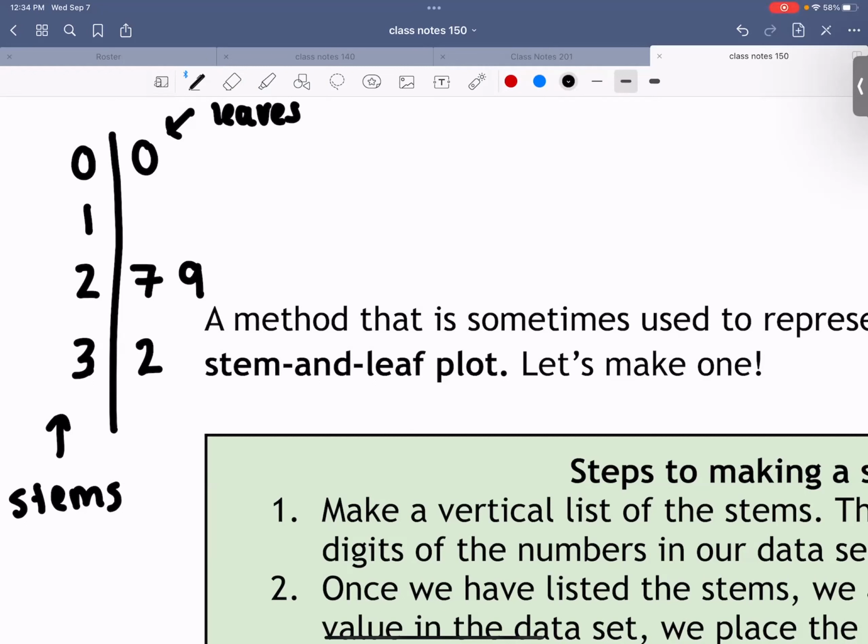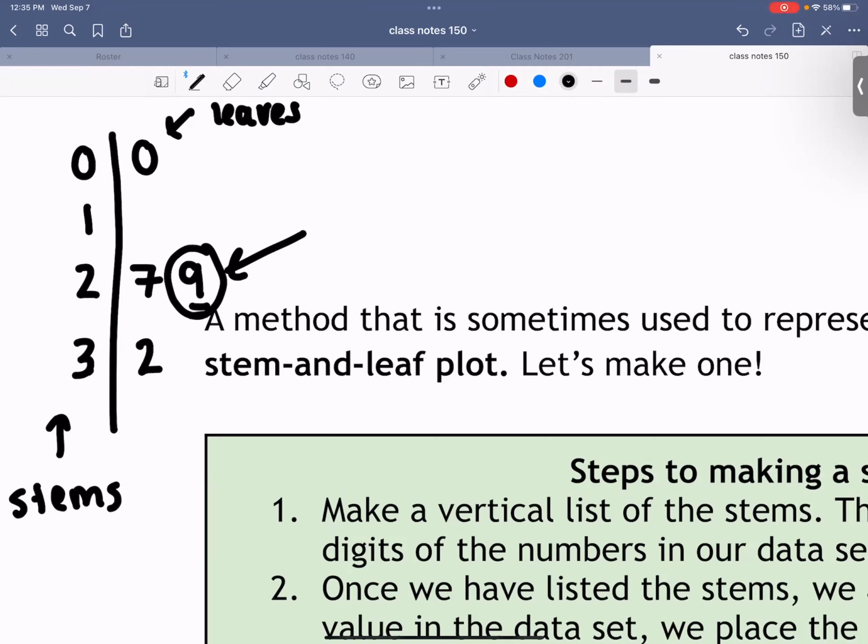If that doesn't make sense, let's talk about this 9. What does this 9 mean? The 9 is the right number, but what number does 29 represent here? So what does this 9 mean?